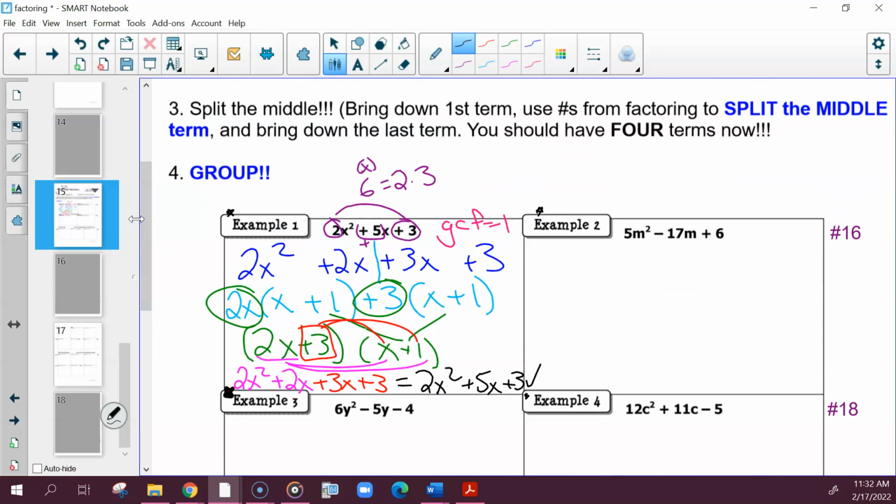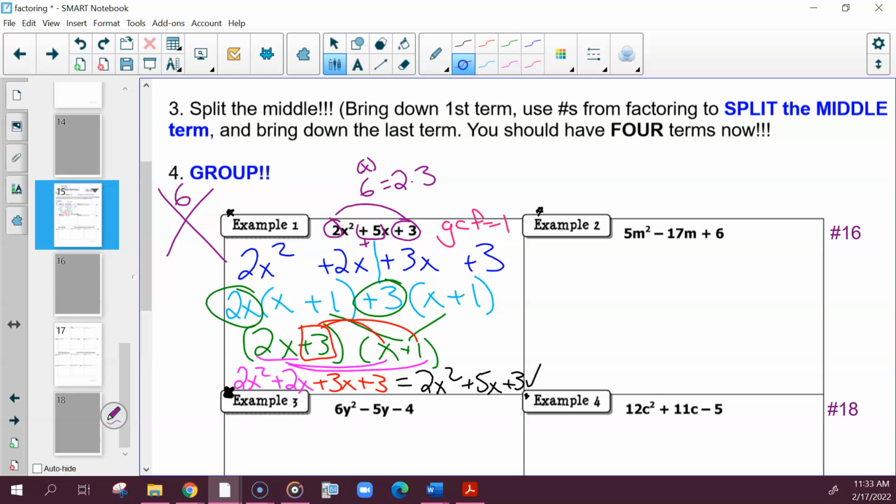I did want to mention this. When you're thinking about these numbers at the beginning, if you want a way to organize those numbers so you're not putting them in random places, you could make an X. Whatever number you get when you multiply would be the number in the top of the X, so 6.